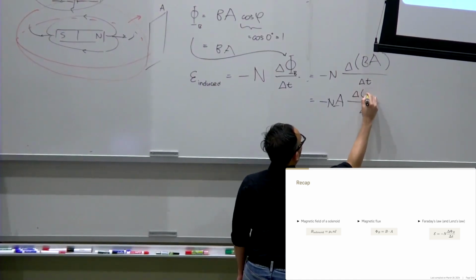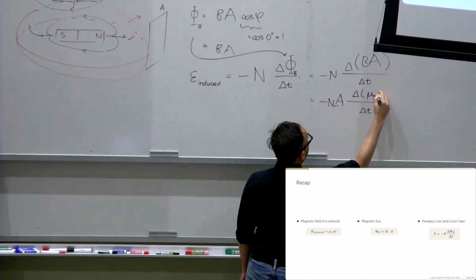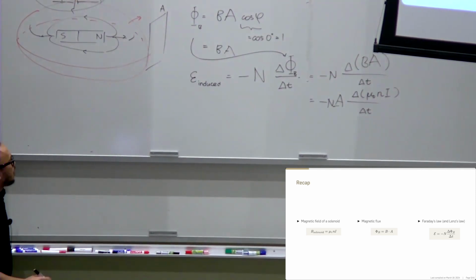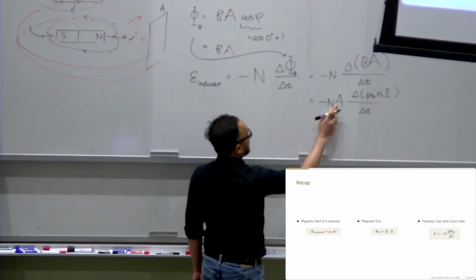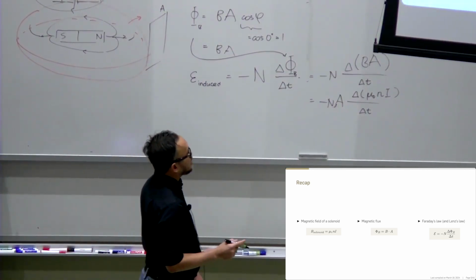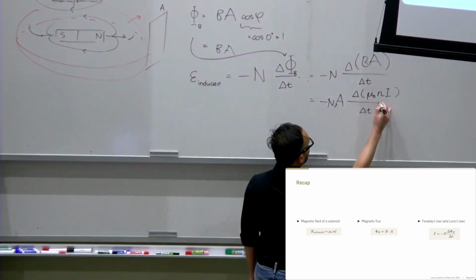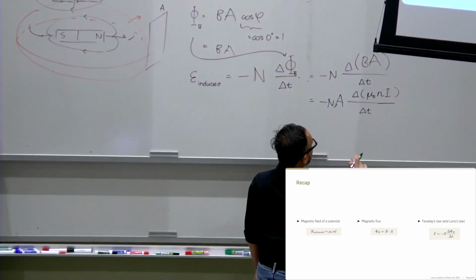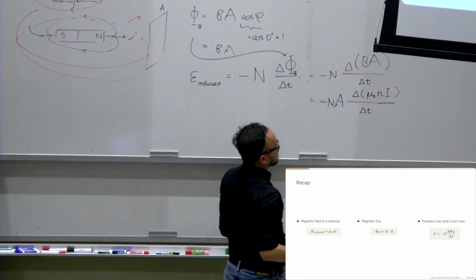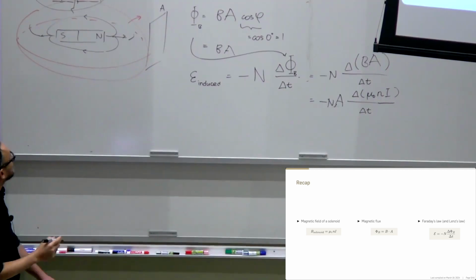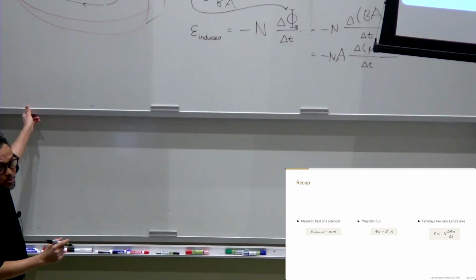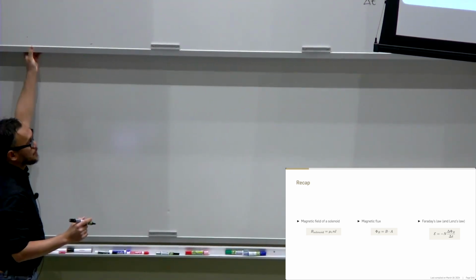B is delta of mu naught n times I. So at this point, if we don't want anything moving, one thing that we can do, since mu naught is one of the physical constants and n stays the same, then we need to change I. This is just a long way to say that we need to change the current of the solenoid to generate induced current or induced EMF.